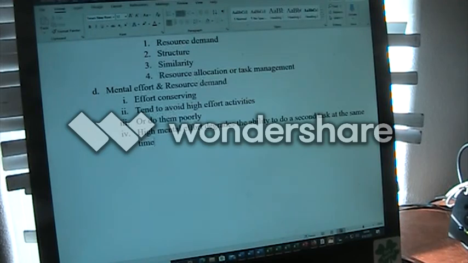If you have to do a high effort task, you're driving a very difficult and winding road, or you're having to discuss something very in-depth and complex, you may have a problem handling the two tasks at once.